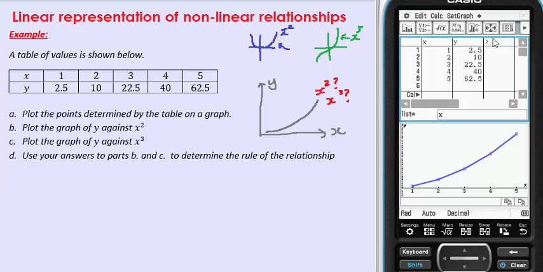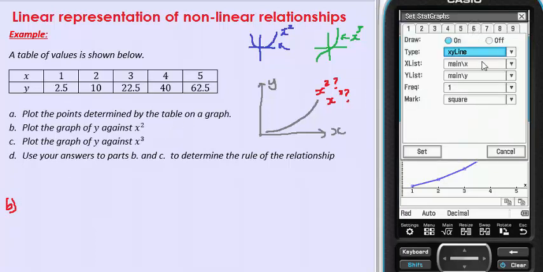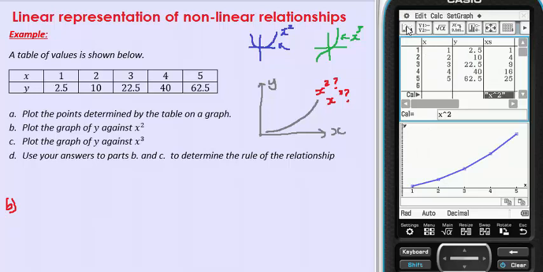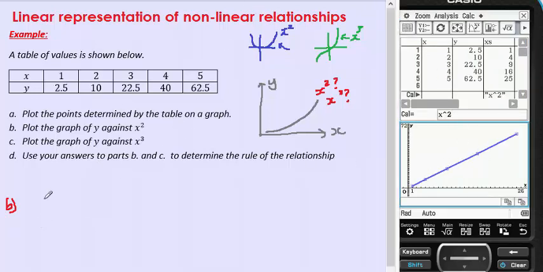I'll make a column here that I'll call XS for x squared, and I'll do x hat 2 for x squared, and here is my x squared column. Now for part B, my graph will tell me whether it's an x squared relation when I plot x squared against y and go. You can see here this is a perfectly straight relationship.